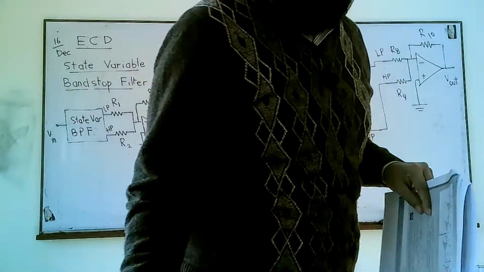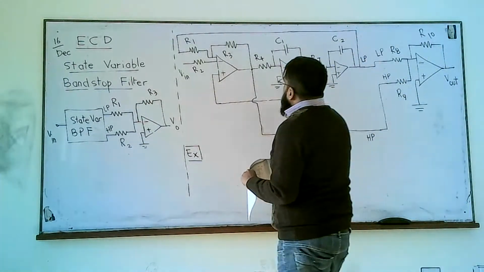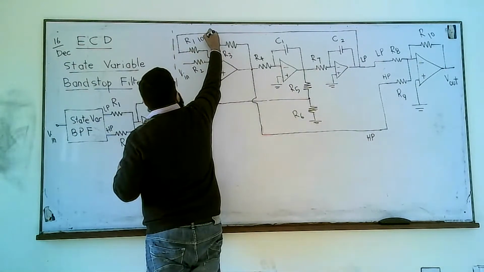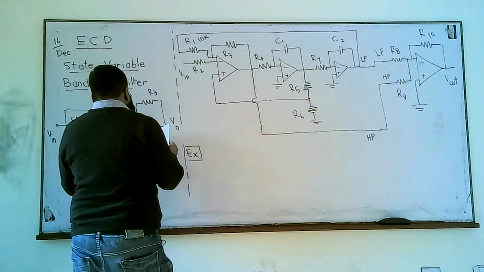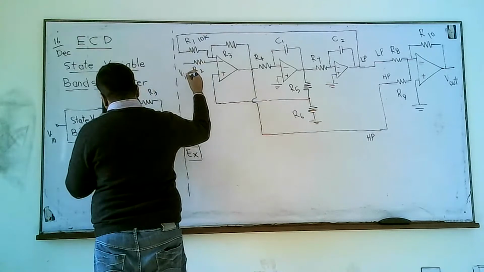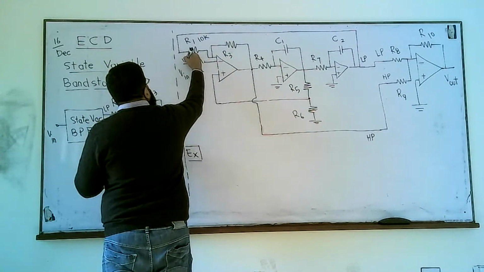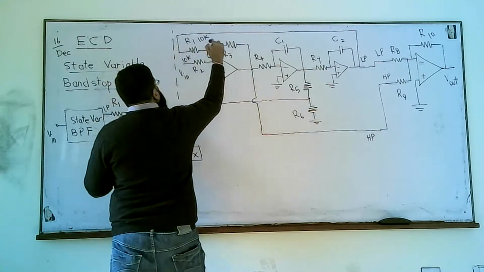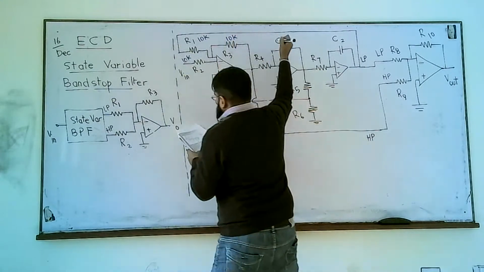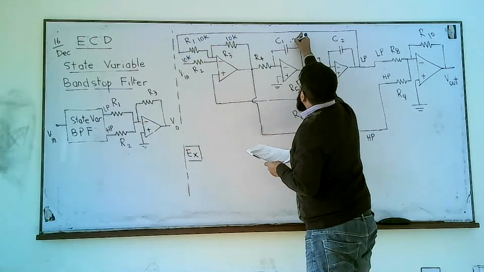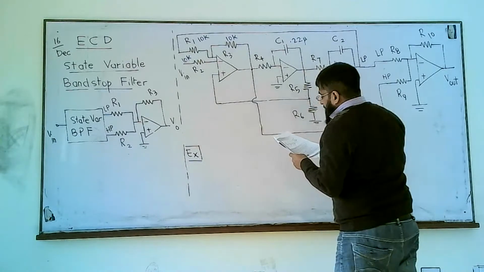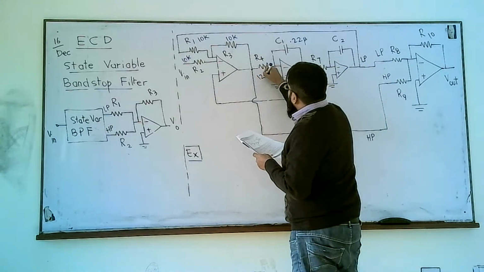are given these values. R1 is given to be 10K. I'm not writing ohms because I'm in a hurry. This is 10K, C1 is 0.22 micro. I'm not writing farad. R4 is 12K.